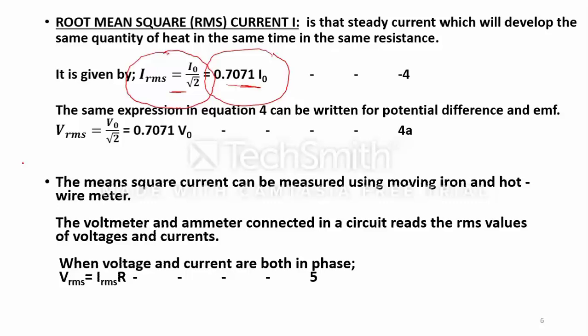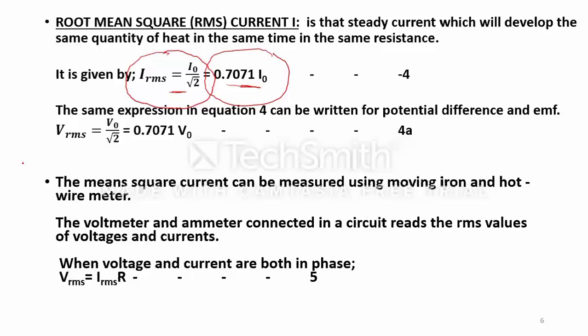When current and voltage travel together in step, with the same frequency, amplitude, and wavelength, one could say that they travel in phase. And when they travel in phase, we have V equals IR. So V represents the root mean square voltage, I represents the root mean square current, and the value of the resistor is R, or the resistance.